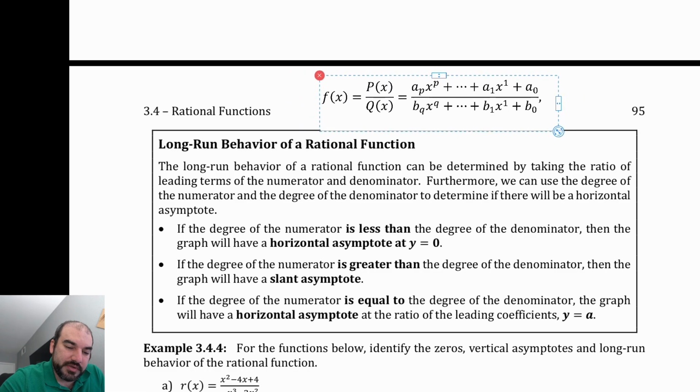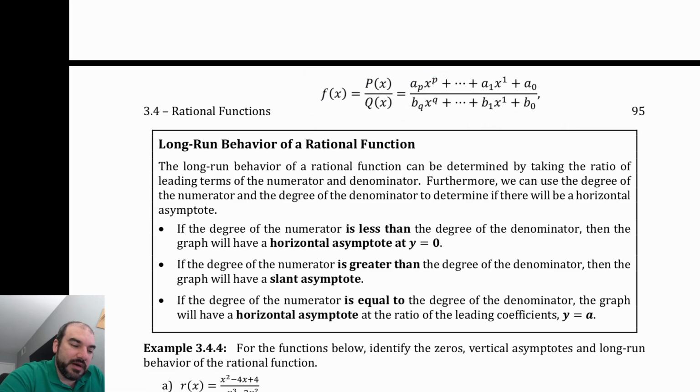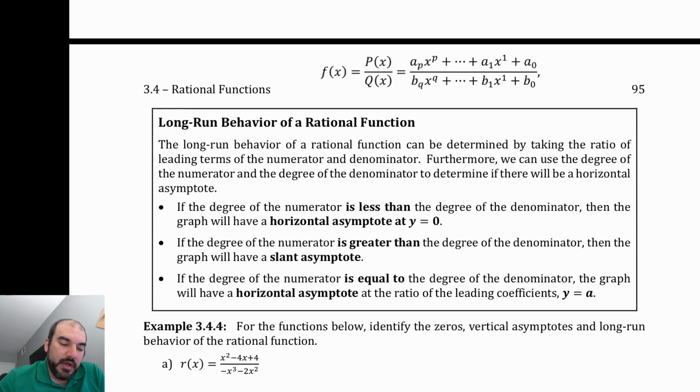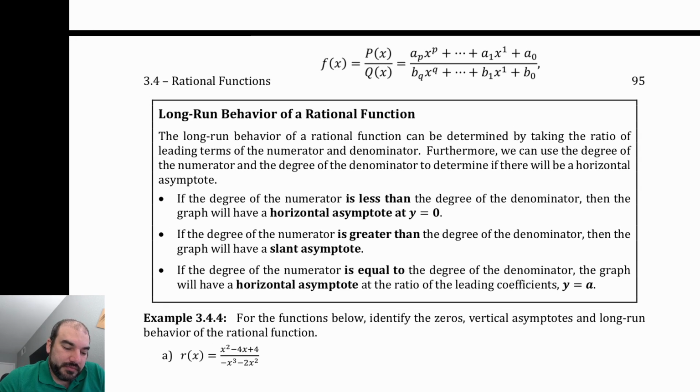Right, I'm going to put this up here so we can look at it. If I have some kind of polynomial divided by another polynomial, we have some conditions here. These 3 bullet points are 3 different things that can happen, 3 different conditions to look out for, and they're going to give us different horizontal asymptote types.